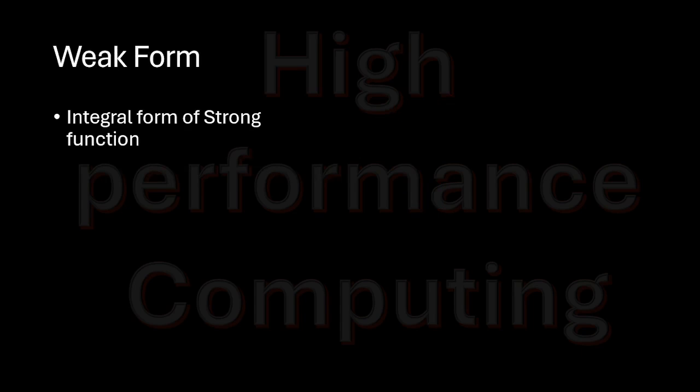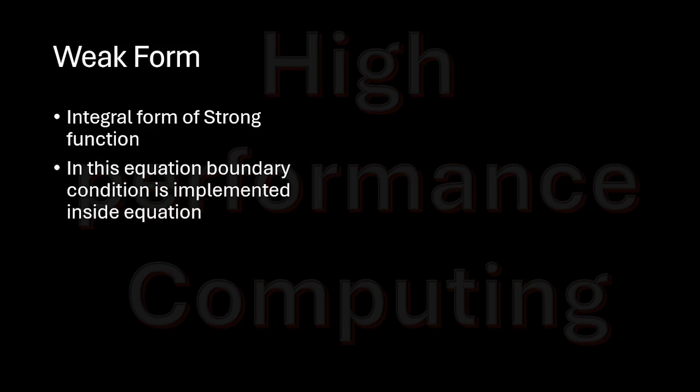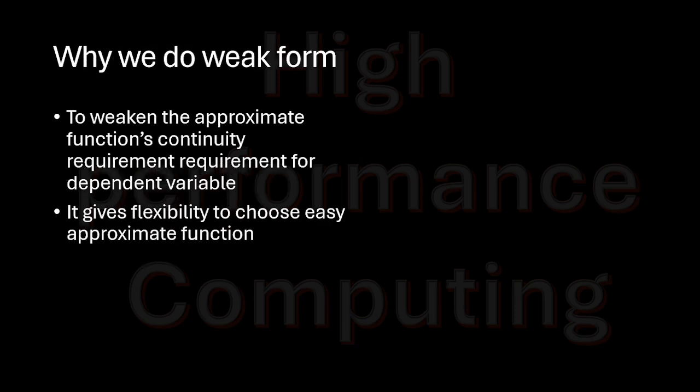Now, weak form. It is nothing but a weighted integral of the strong form. After the integration, you will naturally implement the boundary conditions inside the weighted integral form, and it decreases the continuity requirement of the dependent variable in the approximate function of the independent variable.